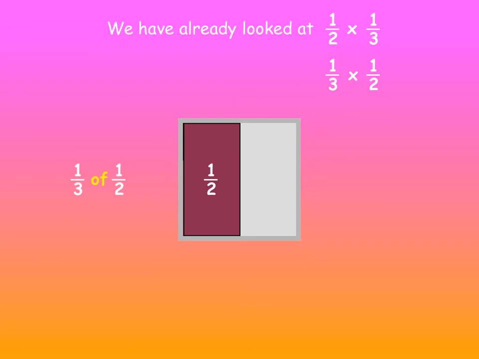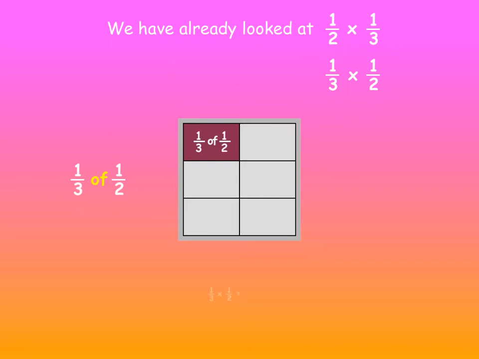Well, it's a half right now, but we're going to cut it into 3 parts. And then get rid of a couple of them. Now we have 1/3 of 1/2. Draw the extra lines. 1/3 times 1/2 equals 1/6.